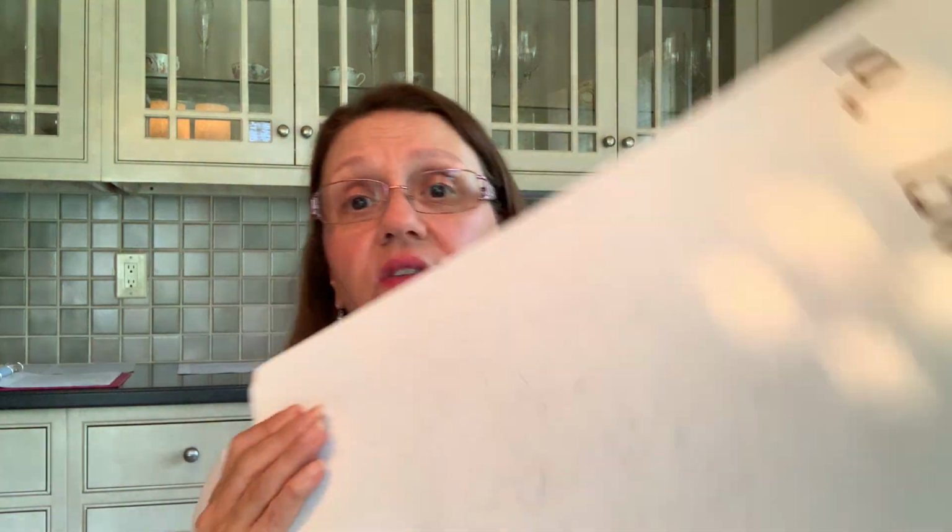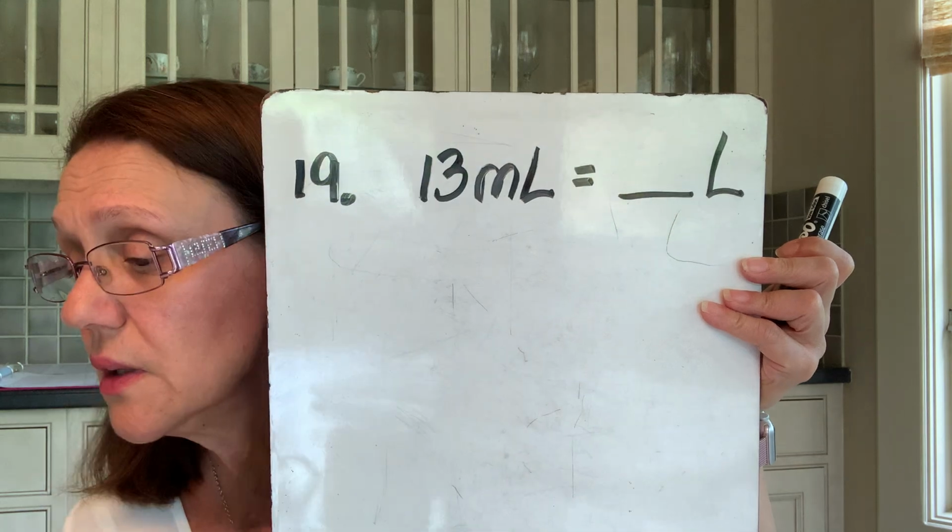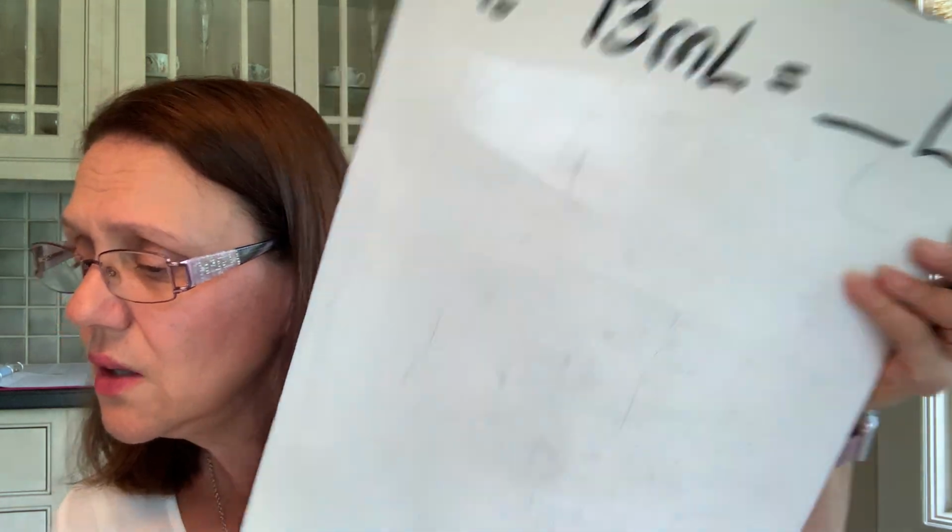The first thing to do is understand that we have 13 milliliter bottles, and we want 1,000 bottles. I could take my 13 milliliters and figure out how many liters that's going to be. But no, I don't want to do that because that's a decimal.